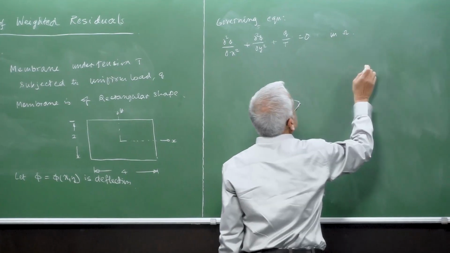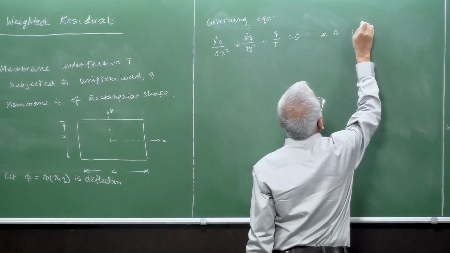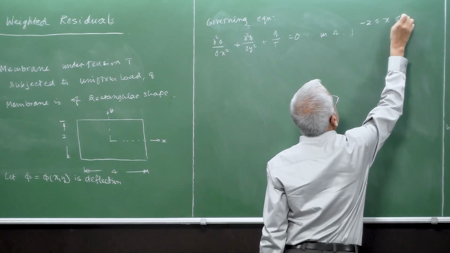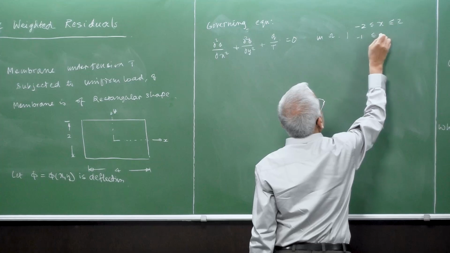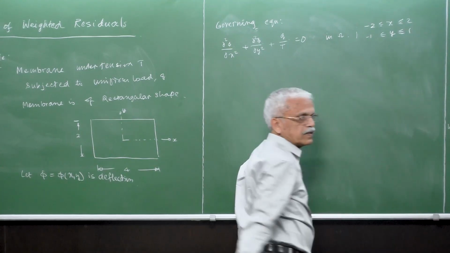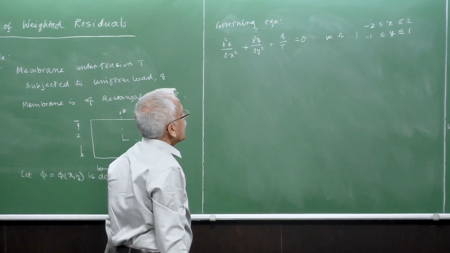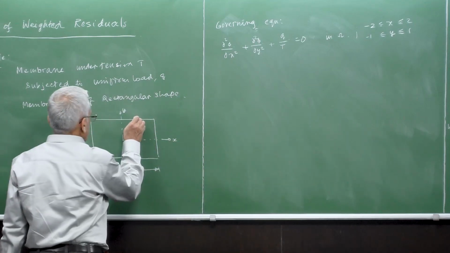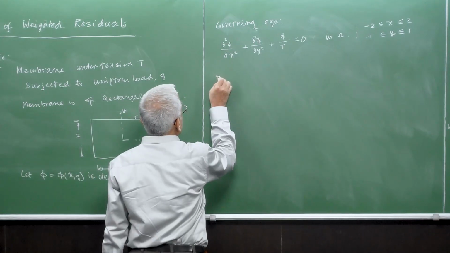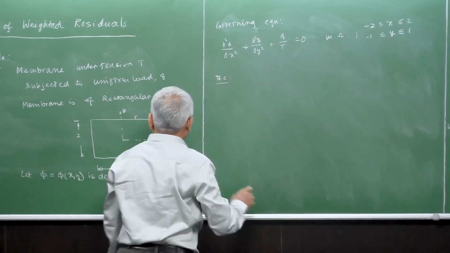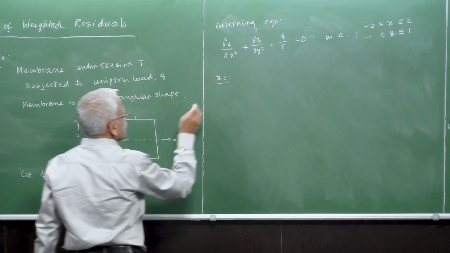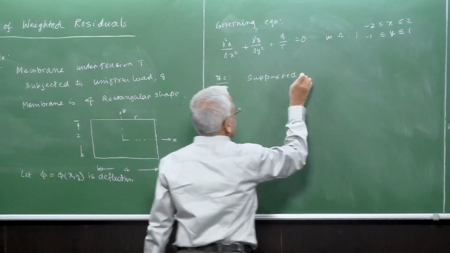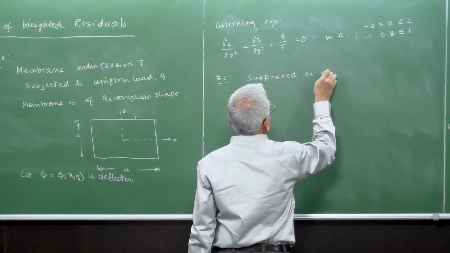in the domain omega. So omega is what? It is minus 2 to plus 2 in the x direction, and minus 1 to plus 1 in the y direction. Okay, so that's the omega part. And the boundary condition here: it is supported on all sides. Simple boundary condition, supported on edges, all sides.